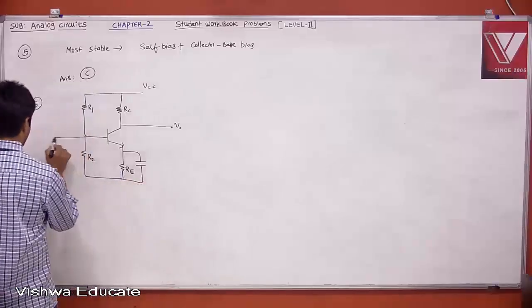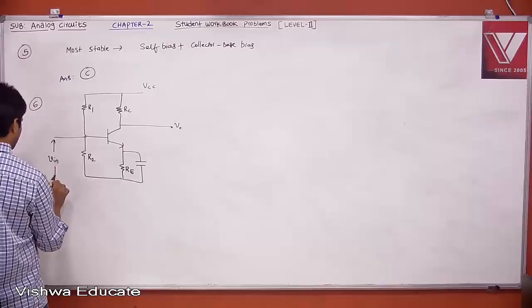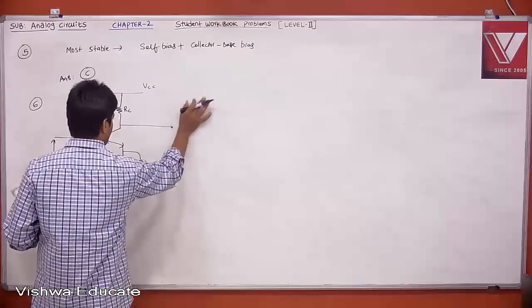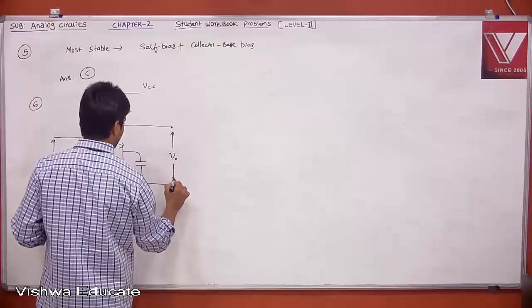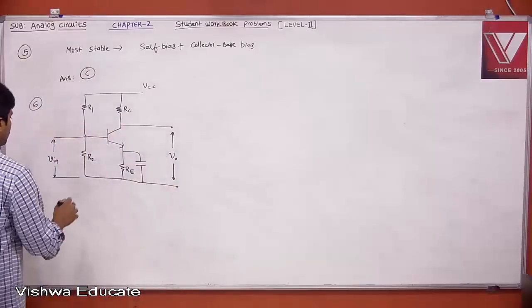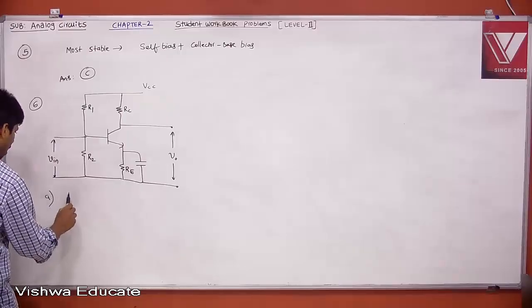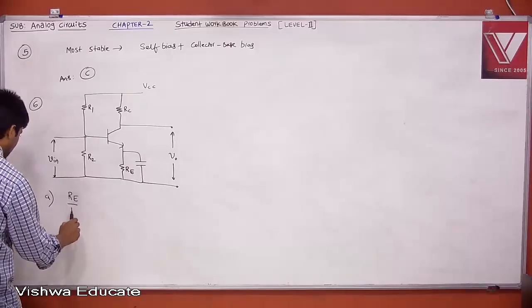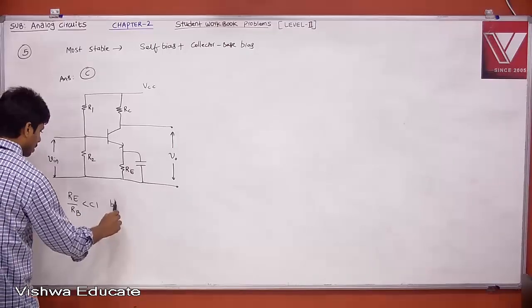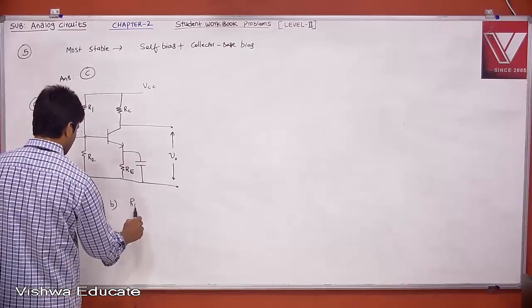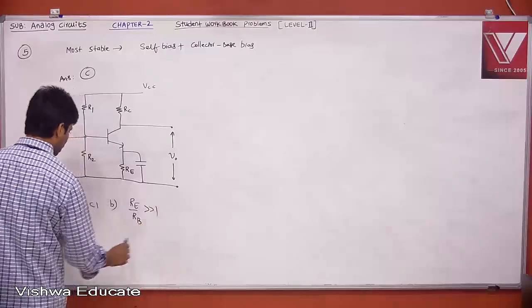Okay, anything is fine. And this is our V in. This is our V naught. Okay, this is what is given. Now option A, RE by RB very much less than 1. Option B, RE divided by RB very much greater than 1.